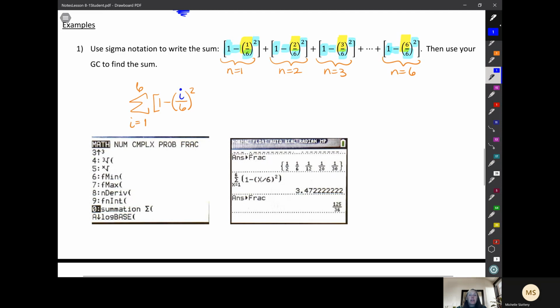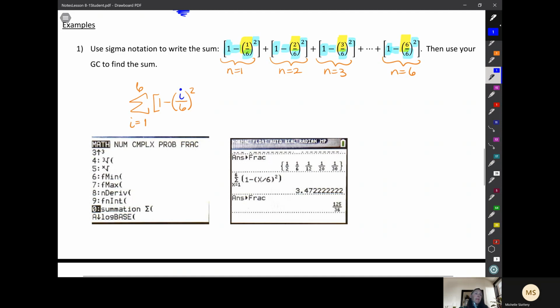So on your calculator, guys, you want to learn how to utilize your calculator to do this, and you have a summation notation on your calculator. You can see here, I took pictures of the calculator screen, so you can follow along with that. To get to this here, you are going to press the math key on your calculator.